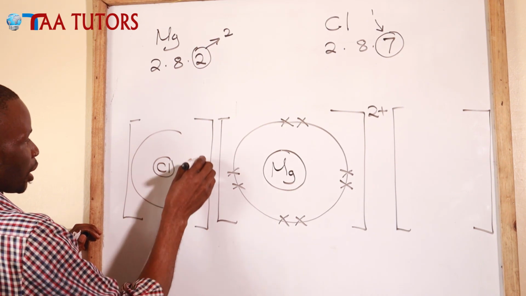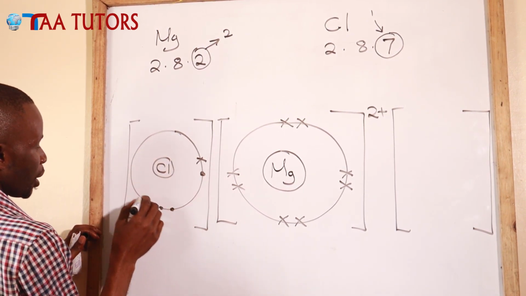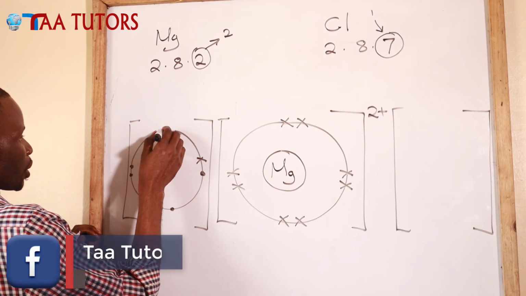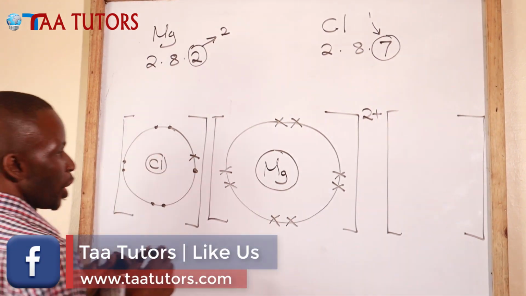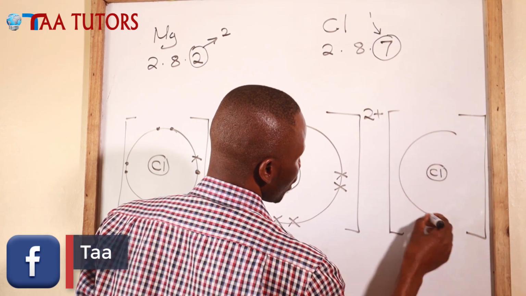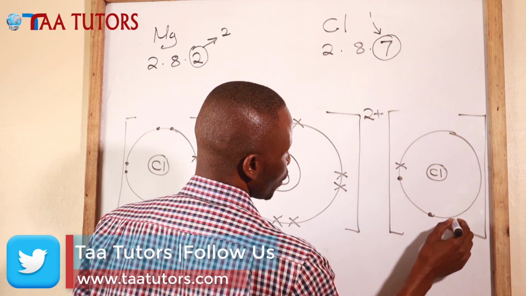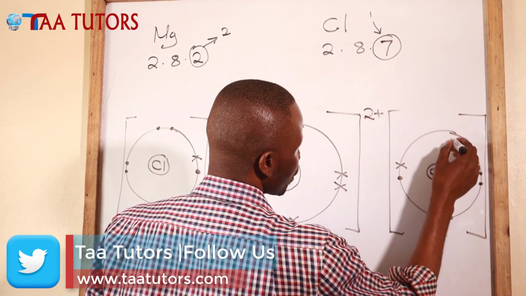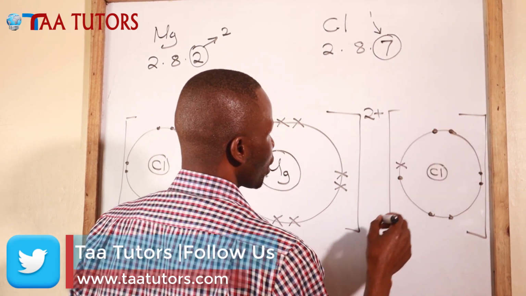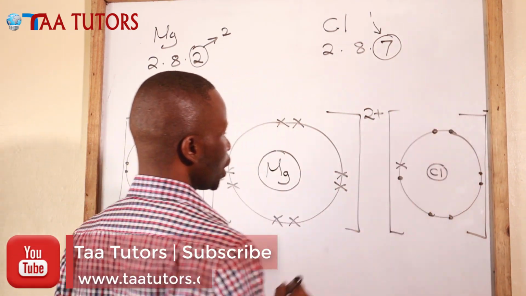In the outer energy shell, there is 1 cross from magnesium and 7 dots. Those are the 7 dots like I've drawn. When I come here, I will draw the same chlorine atom with 1 cross from magnesium and 7 dots, the original number of electrons that were there before. This is negatively charged, this is negatively charged.